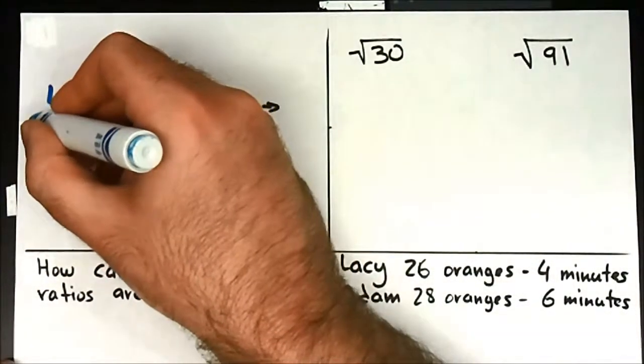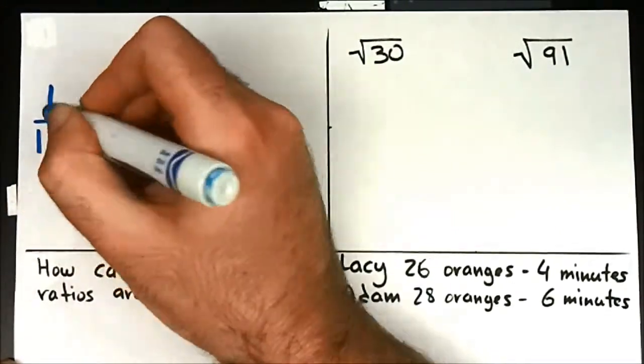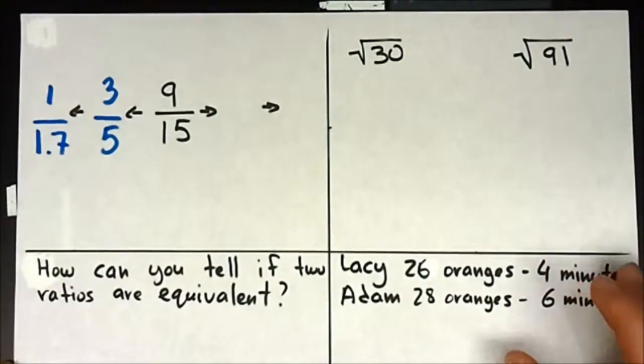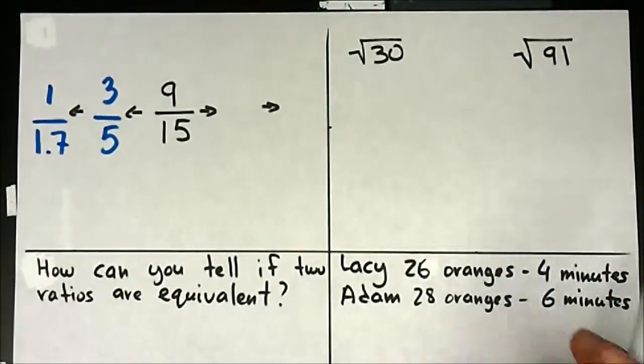Well, if you chose to go with my route, you would have 1.7 or 1.6, depending how you round it. You could have also divided both top and bottom by 2. That would have worked, or 1.5, or something else. This is just one way to go about it.